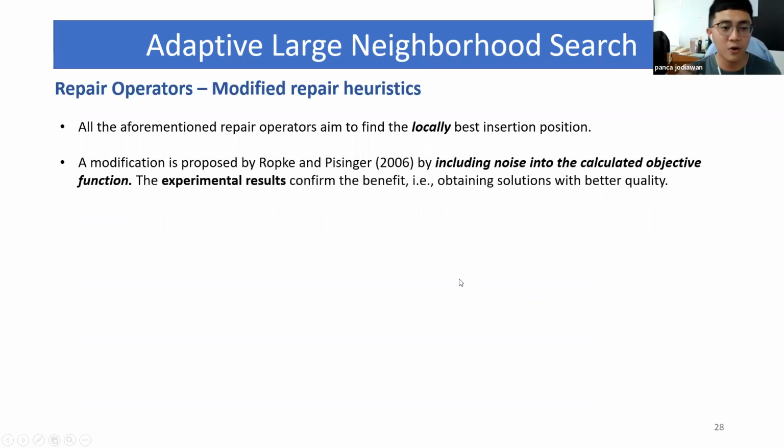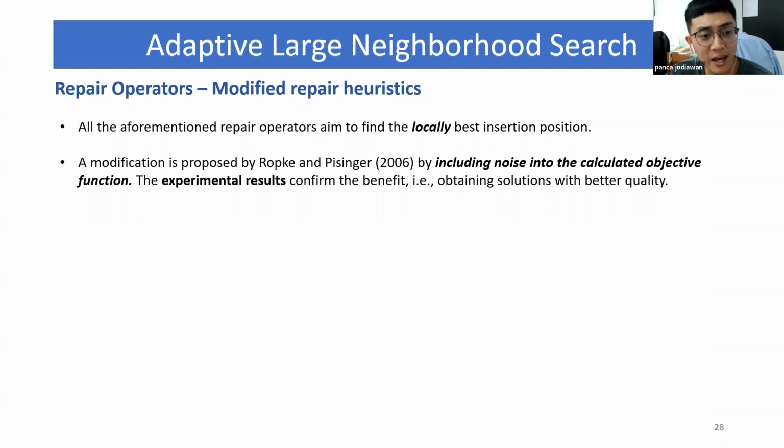Then Professor Ropke and Pisinger in 2006 proposed a modification by including the noise. Okay, we will see what is noise. Okay, by including the noise into the calculated objective function. And maybe you will think, does that make sense to include the noise?